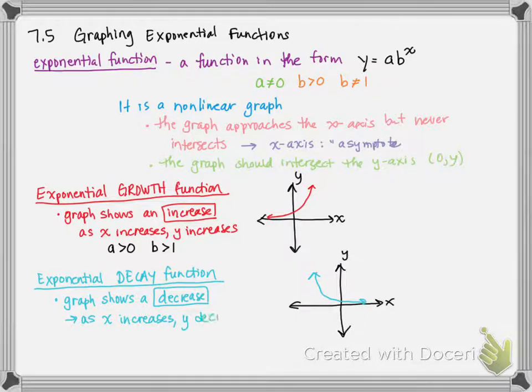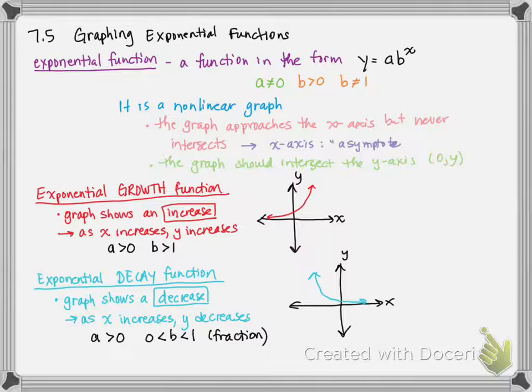Y decreases. So as your x gets bigger, your y gets smaller. Okay, let me go back and draw an arrow over here too. So a couple of things to note on this particular graph. My a is still going to be positive because we're above the x-axis is one of the reasons. And then the b value, though, is going to be between 0 and 1. It can't equal 0, okay, and it can't equal 1. So it's in between, which means it's a fraction.